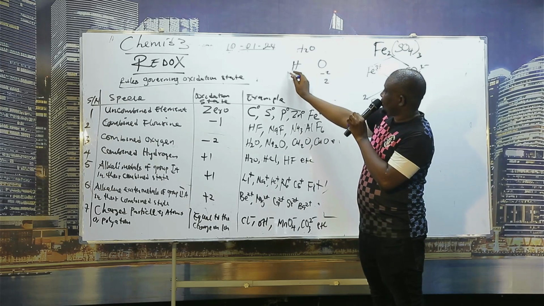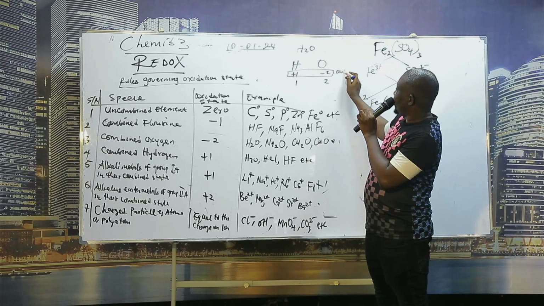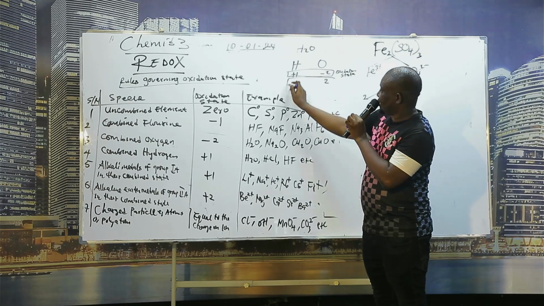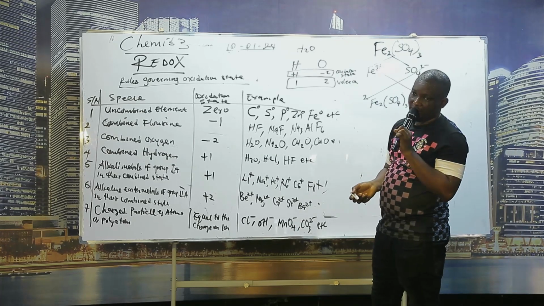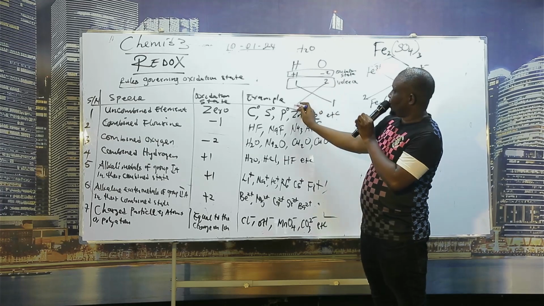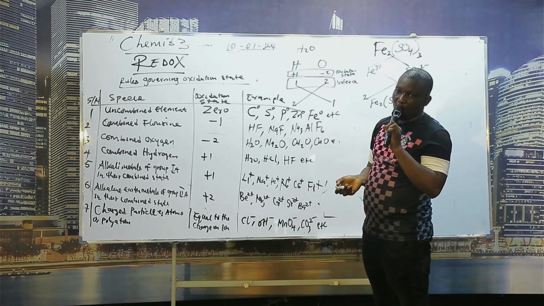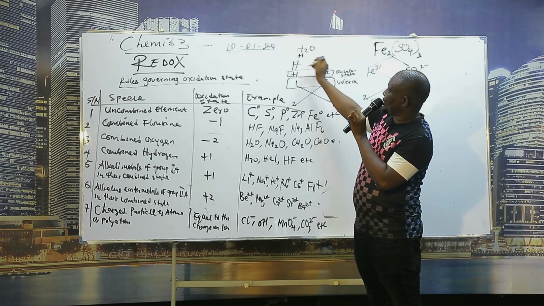The first one here that has charge is the oxidation state. The second one that does not have charge is the valence. So this one will go to O, this two will go to H. But we wouldn't say that because the formula is H2O, the oxidation state of H is plus 1.